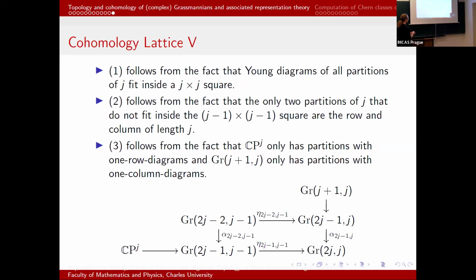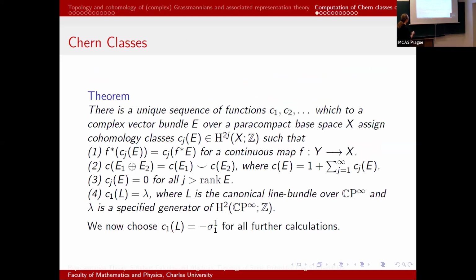This is the sketch of the proof of the lemma, and now we can move on to computing the Chern classes of the normal bundles to the embeddings alpha nk and eta nk. So here is just an axiomatic definition of the Chern classes, the definition I work with. We define Chern classes as the unique sequence of functions which to a complex vector bundle assign classes CJ(E) in the 2J cohomology with integer coefficients.